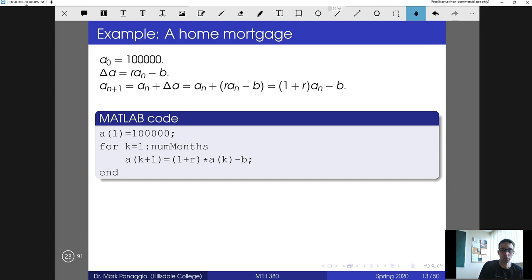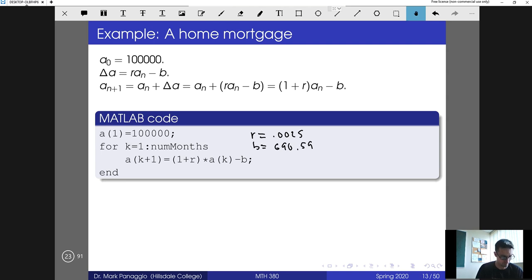And if we want to write down a program, you might want to leave those as variables so that you can easily change your program to simulate a different interest rate without having to find every place that you wrote 0.0025, or similarly, you could change your payments without having to track down everywhere you wrote $690. And so you could create variables R equals 0.0025 at the beginning of your program, and B equals 690.59. And then that way you can just use R and B in place of the numbers for the rest of your program.